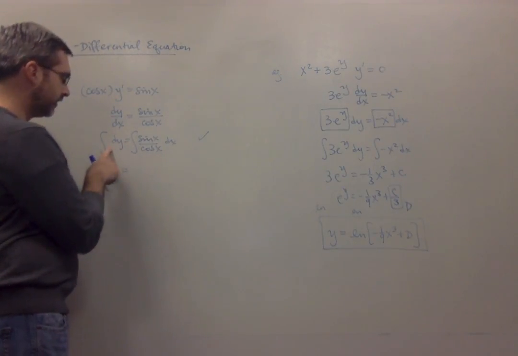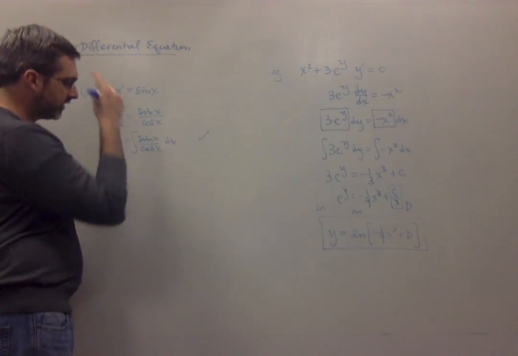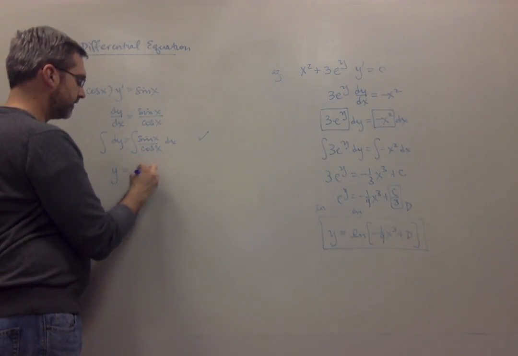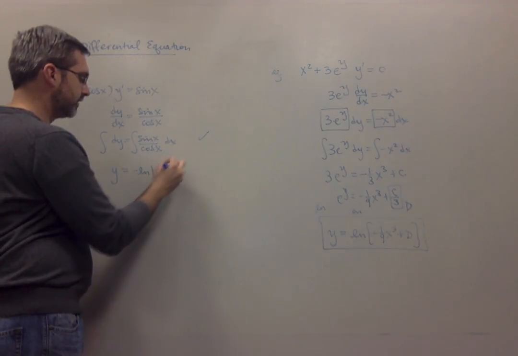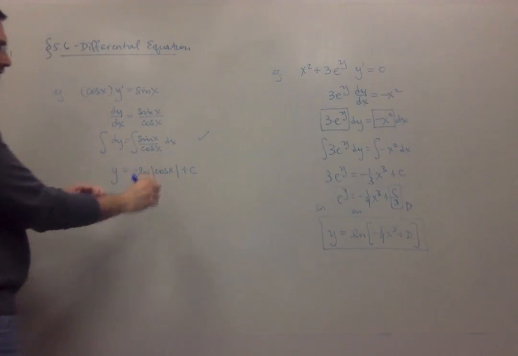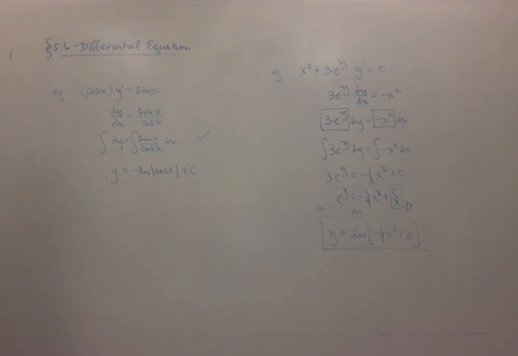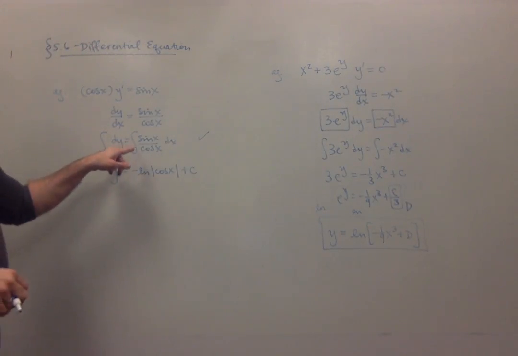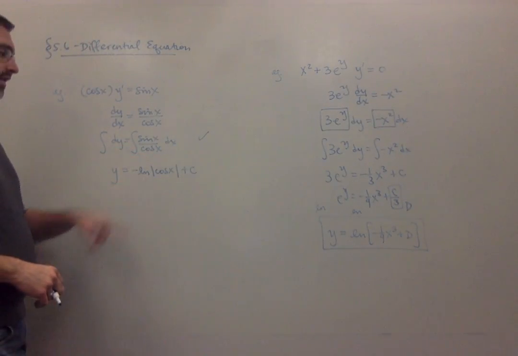The integral of dy is just y. Over here, this is tangent. Now you can remember that the integral is negative natural log of cosine. Or you can do a u substitution. u equals cosine. So then the du is going to be negative sine x dx. But this is one, the integral of tangent is actually one that I asked you to memorize.